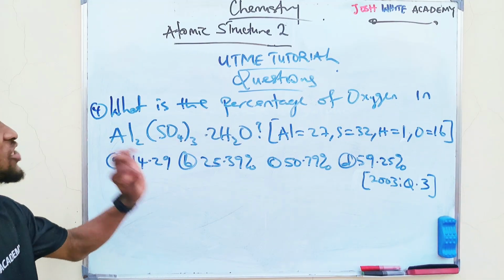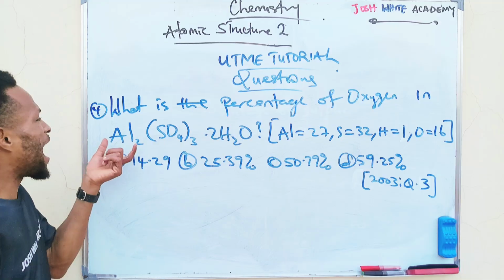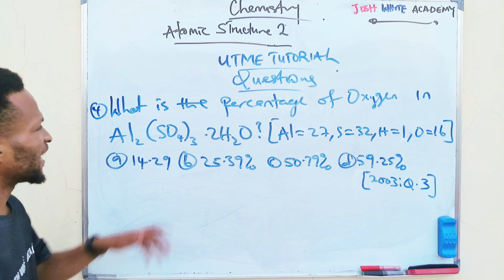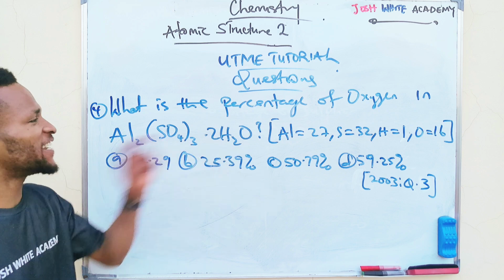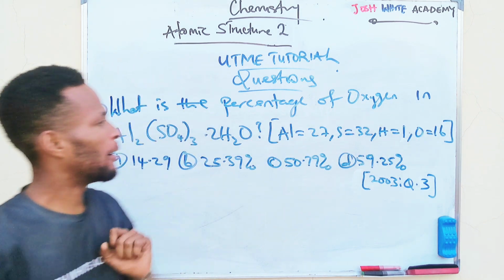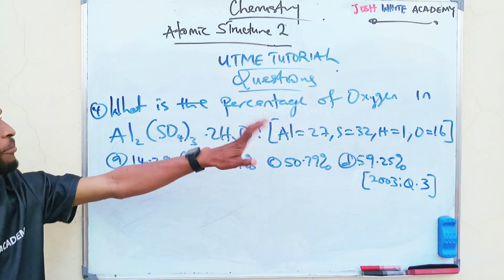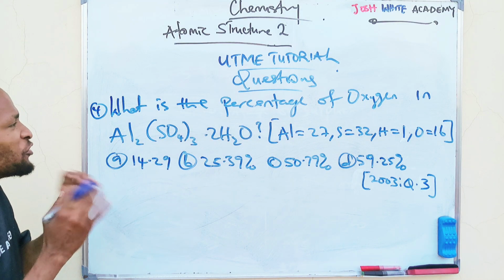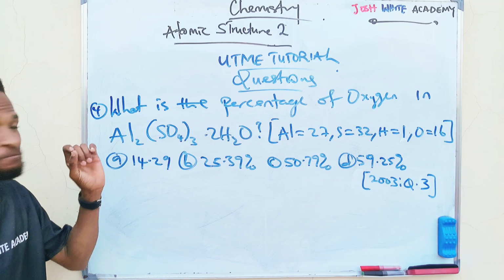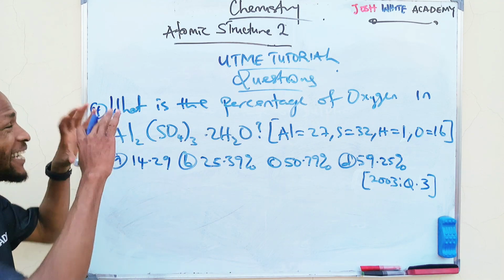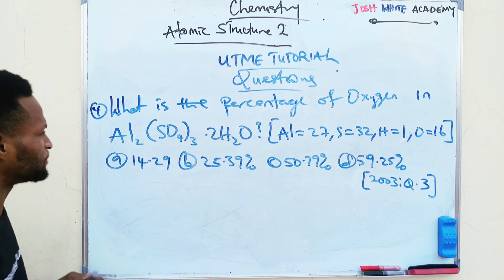What is the percentage of oxygen in aluminium sulfate dihydrate? And the relative atomic masses are given to us there. So remember, I said to you that if you want to calculate percentage composition, the first thing to do is to calculate the relative molecular mass.